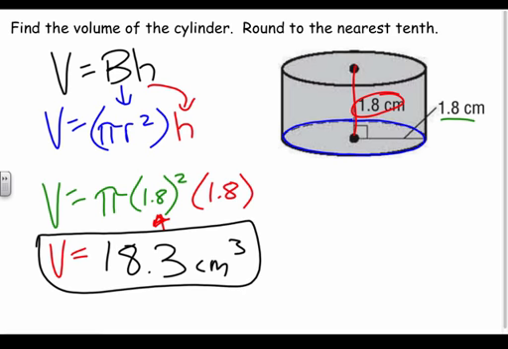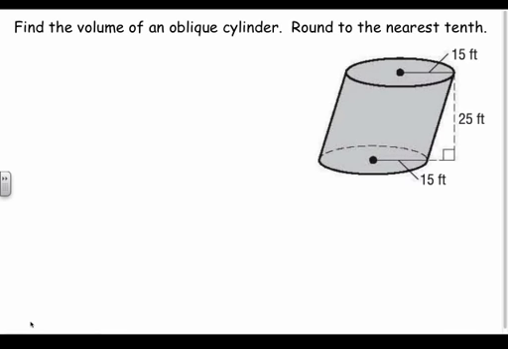Okay, so just same type of thing for your cylinder. Right? And it might not always be this easy. They might give you some different information to use a trig ratio or Pythagorean theorem to find the missing side. But then it's just area of the base times the height for that volume. What happens if it is oblique, right? It's kind of slanted here. How do I find the volume of an oblique cylinder? Well, if I think about it, if I just cut out a circle somewhere in the middle of this cylinder, like if I just slice it right in half, that area of the circle is the exact same as the area of the circle on the bottom, right?